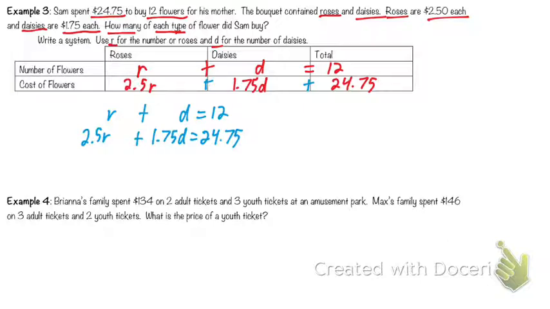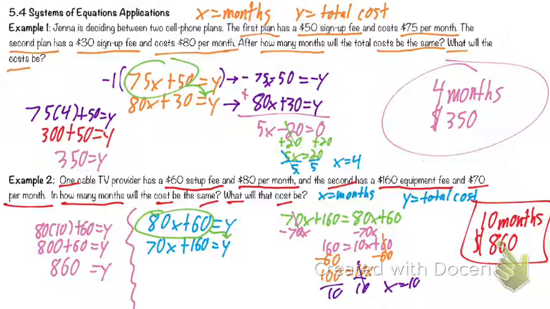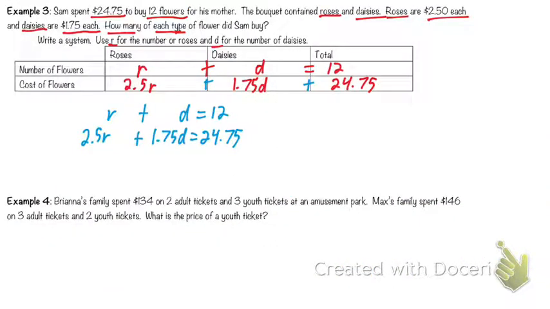Cost, cost, cost. So we kind of kept like things together, right? We didn't mix the number of flowers with the cost in equations. We kept them separate here, okay? Whereas on the last equations, everything was money, money, money. Everything dealt with money. On this equation, though, it doesn't. Some of them deal with the quantities, okay?